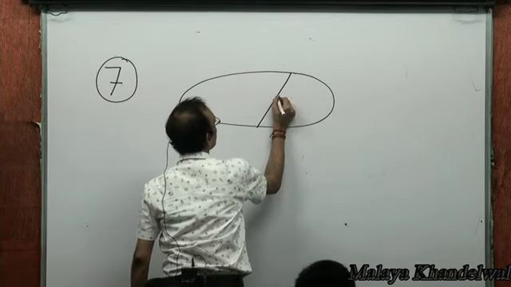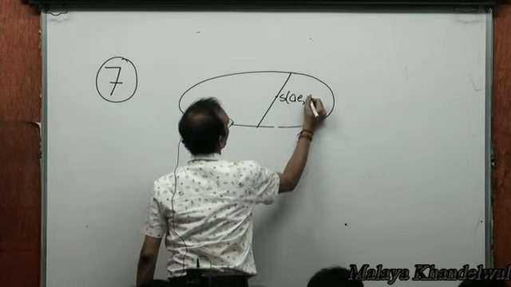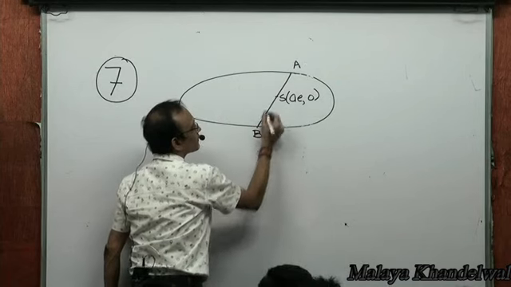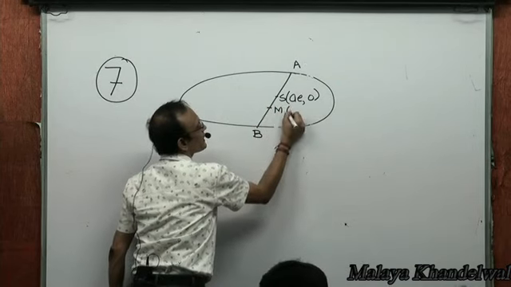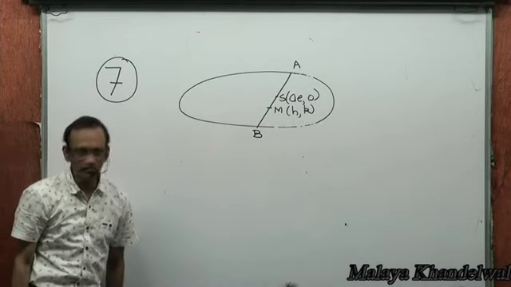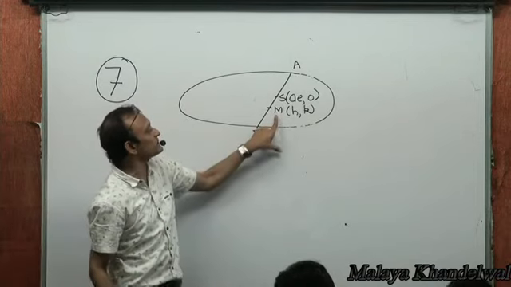This is a focal chord. Different focal chords AB would have different midpoints M (h, k). M is the midpoint of a given focal chord, (h, k). And different focal chords will have different M's.